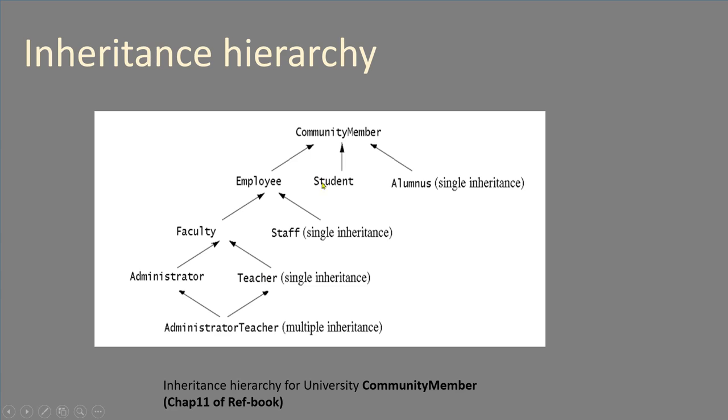In this case, the staff is single inheritance, inherited from the base class employee. An administrator teacher, for example, a coordinator of the department who is also faculty, has two roles. At the same time, he is attached with some administrative responsibilities and he also teaches some courses. So this is a type of multiple inheritance in which the derived class has more than one superclass, more than one parent.